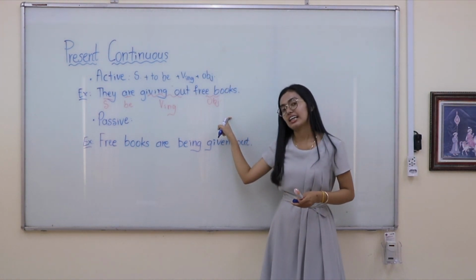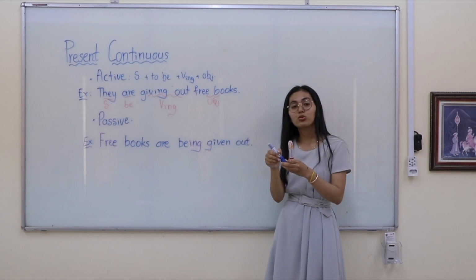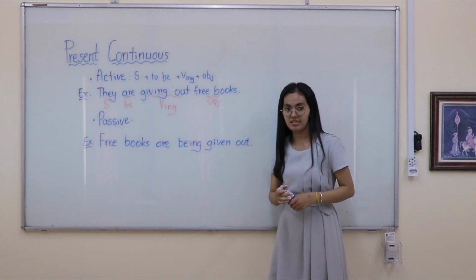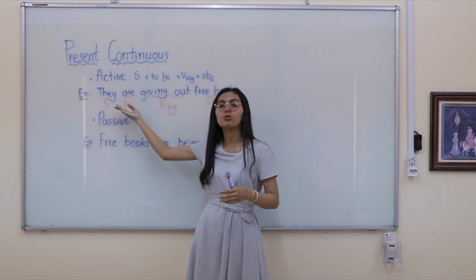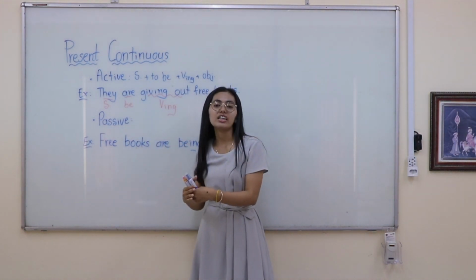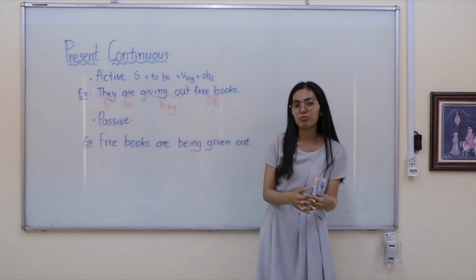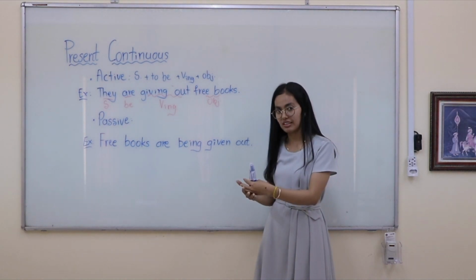So this is an active sentence. How would you know it's an active sentence? It is because the subject "they" here is the one who performed the action. "They" is someone who gives out free books. That's why we call it an active sentence.